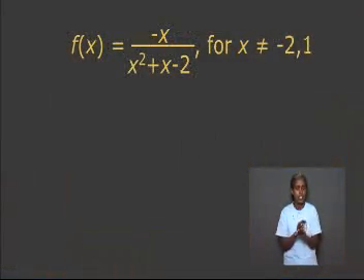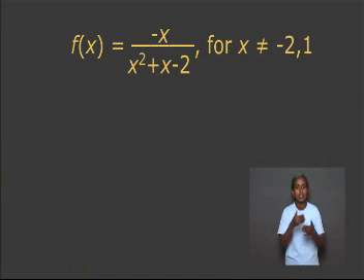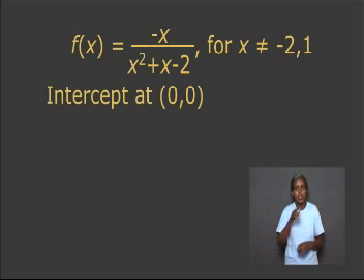The first function equals -x over x squared plus x minus 2, for x cannot equal -2 or 1. The intercept is at the origin.